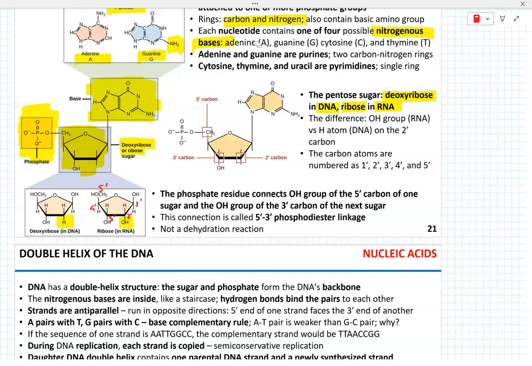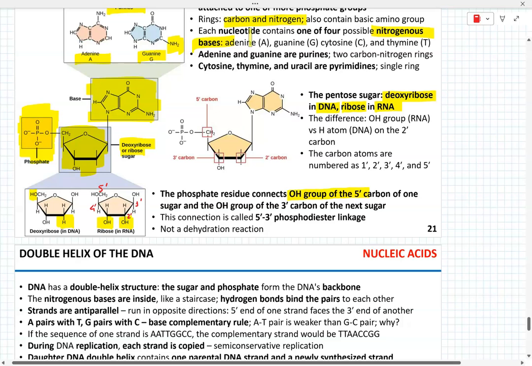Now, the importance of the phosphate group attached to the 5' carbon of a pentose is that it can connect the OH group at the 5' carbon, this one, of one sugar, to the OH group at the 3' carbon of another sugar.